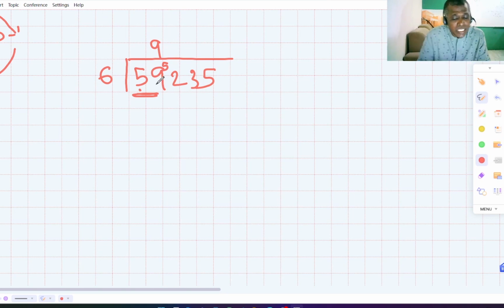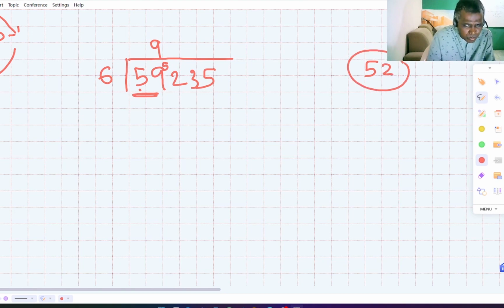What's the next number? The next number is 52 now. I'm writing it here to make it easy for you. Now you want to divide 52 by 6. 6 times 8 is 48. 6 times 9 is 54.